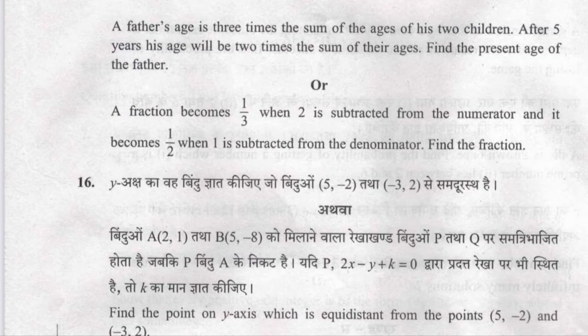Now the 15th question. It says a father's age is 3 times the sum of the ages of his 2 children. After 5 years, his age will be 2 times the sum of their ages. Find the present age of the father. Here we are given that a father's age is 3 times the sum of ages of his 2 children. 3 times child 1 plus child 2.